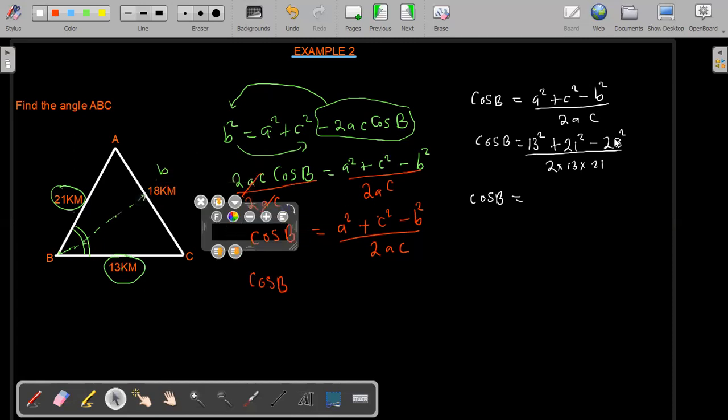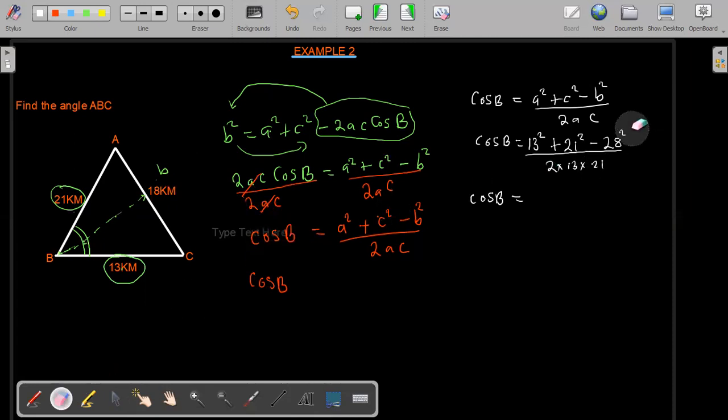So let's make that as 18. I don't want to deal with those things. You guys are still learning. You haven't done quadrants yet. So we have 18 there.